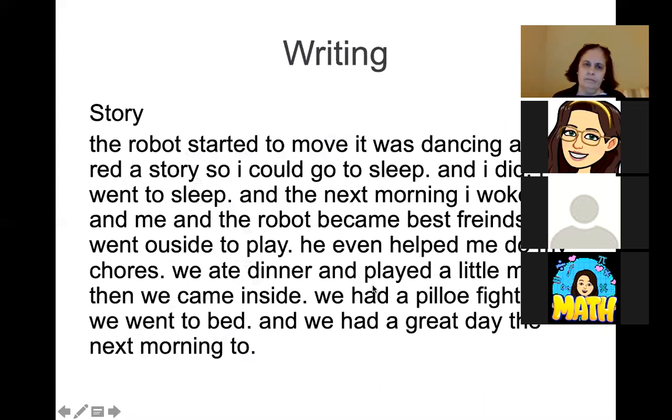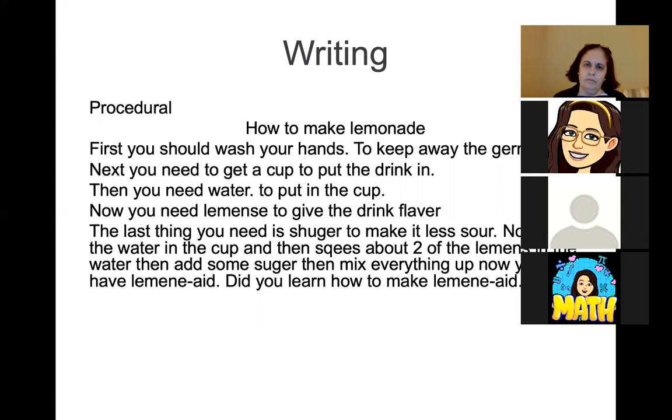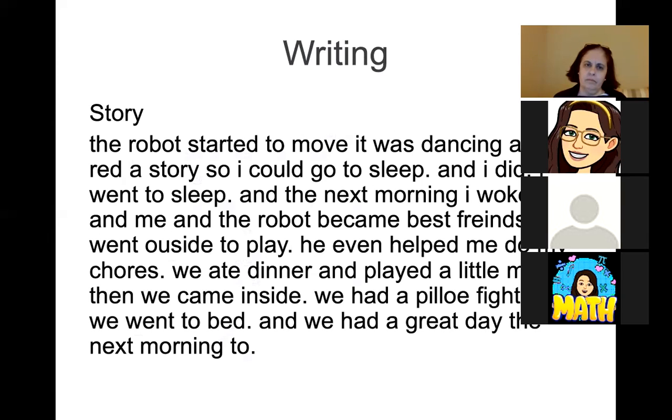You may also assess students on writing. In this case, I have an example of student writing in story and student writing in procedural. I say this because in this case, I have for the same child a measure of a different genre assessed, not just one type of writing.